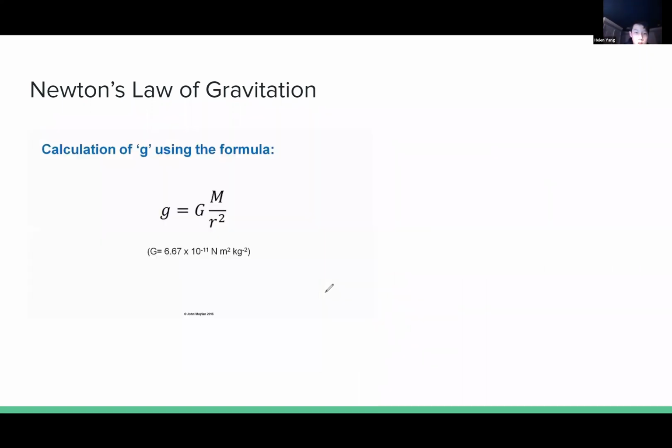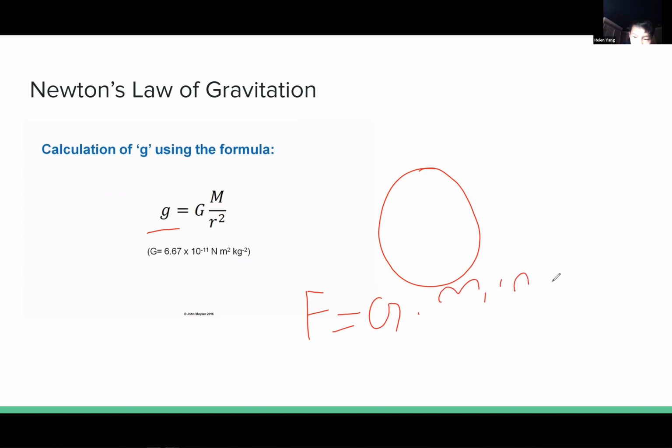And then you can also write the formula for g, which is the acceleration due to gravity. So if you're trying to find the gravity on the moon, for example, the original equation would be F is equal to G times M1 times M2 over R squared.